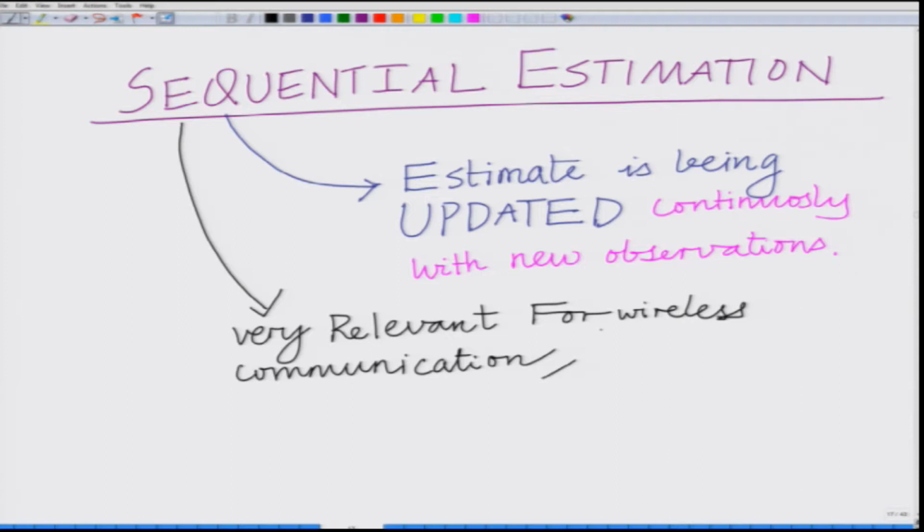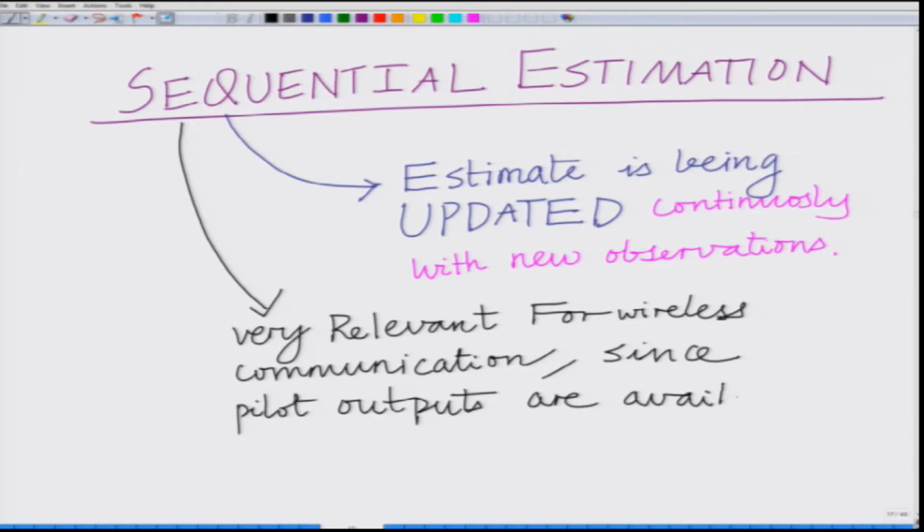This is very relevant for a wireless communication setup, since the pilot outputs are arriving continuously, or let us say they are available sequentially.